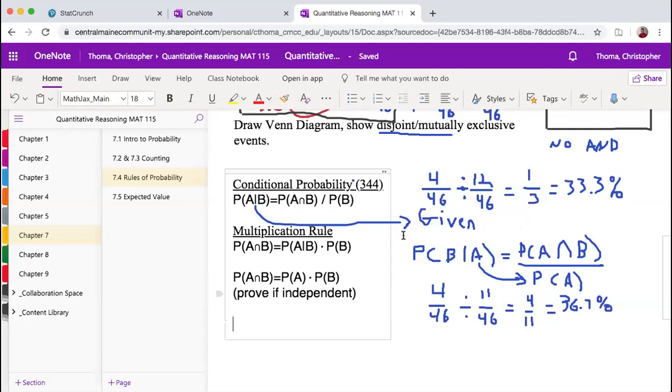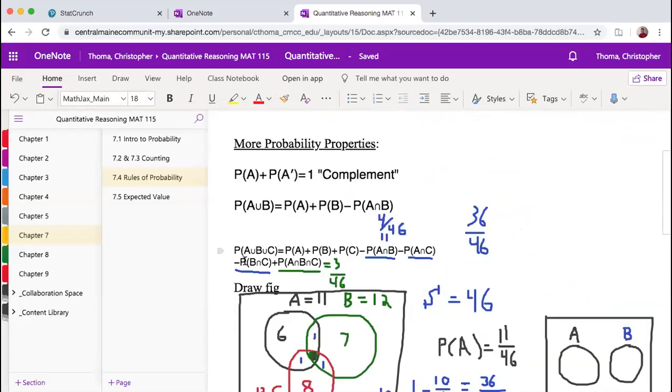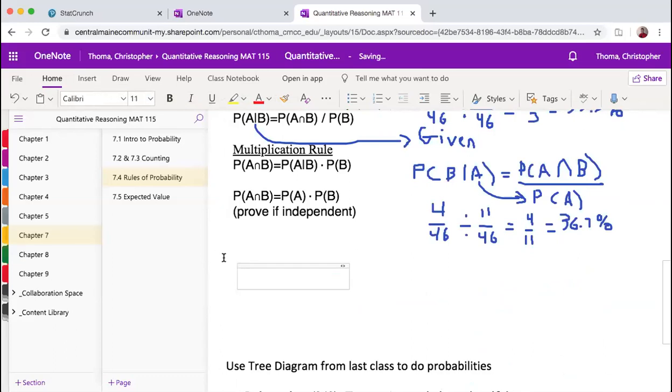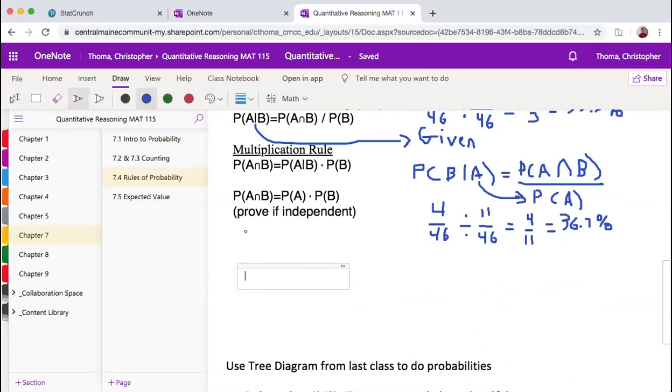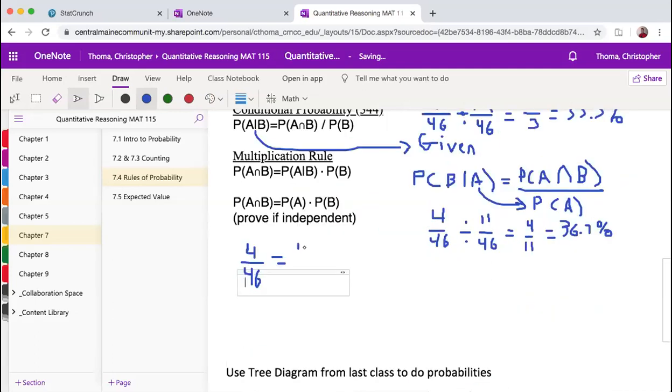So if we come back up here, my A and B is 4 over 46. That's my and, right? Well, the probability of A is 11 over 46. And my B is 12 over 46. And we can already see this is not going to work out for us.